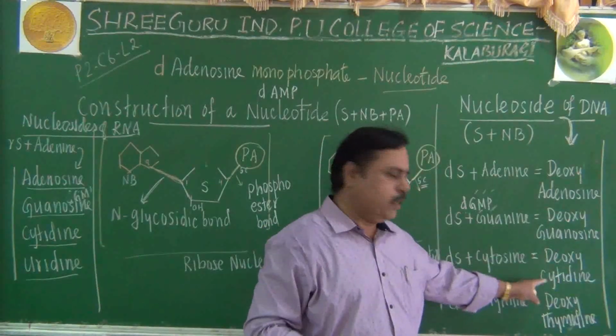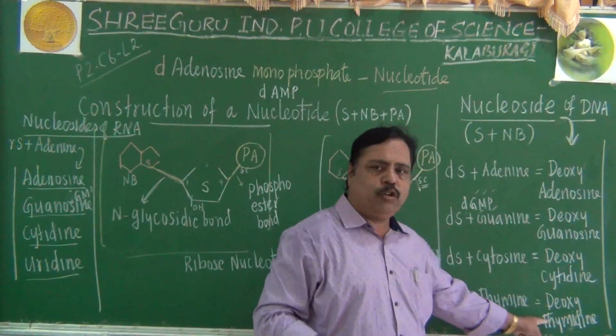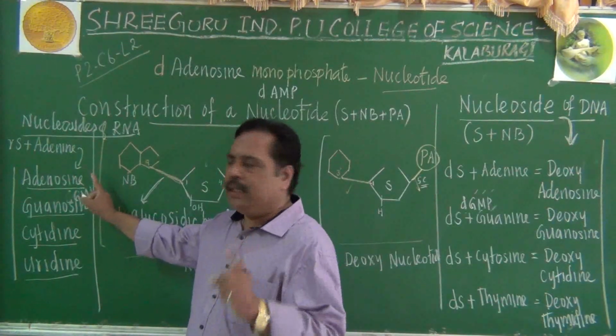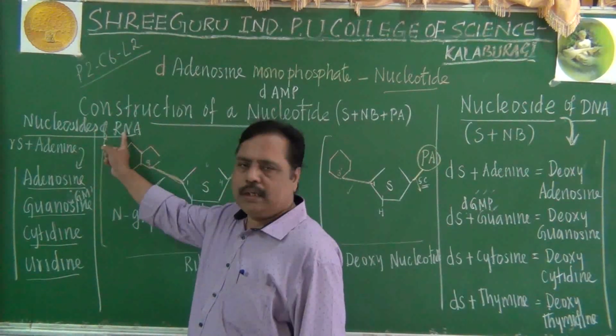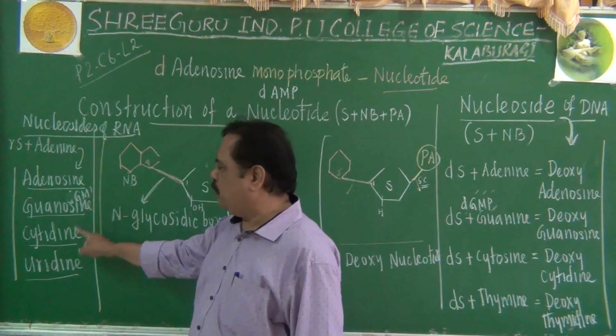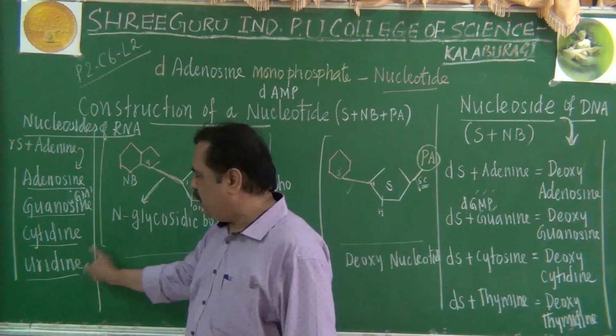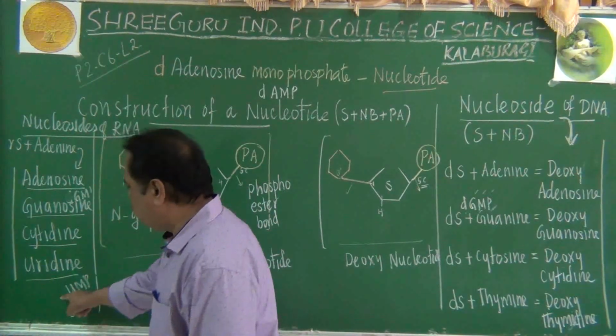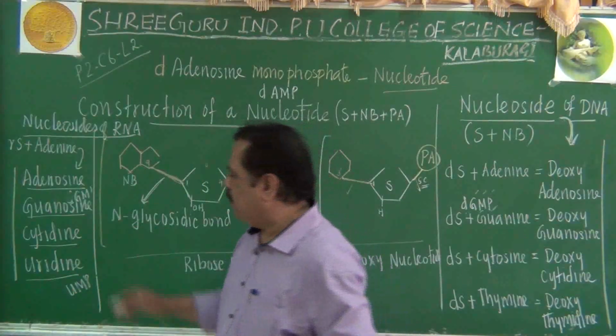Deoxycytidine monophosphate, deoxythymidine monophosphate. Here adenosine monophosphate, not deoxy, because it is ribose. Guanosine monophosphate, cytidine monophosphate, uridine monophosphate. Simply I can write UMP, I should not write d here.